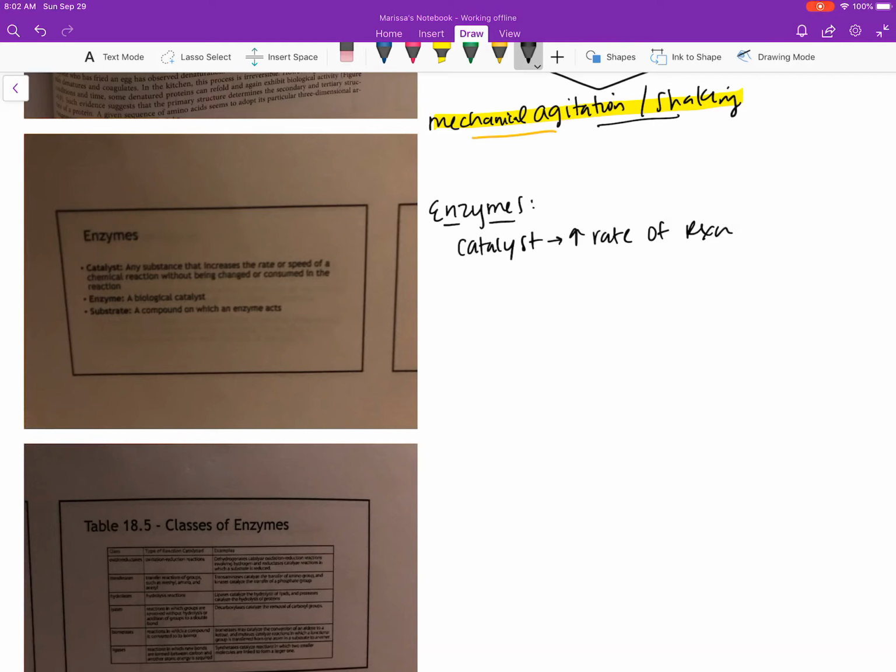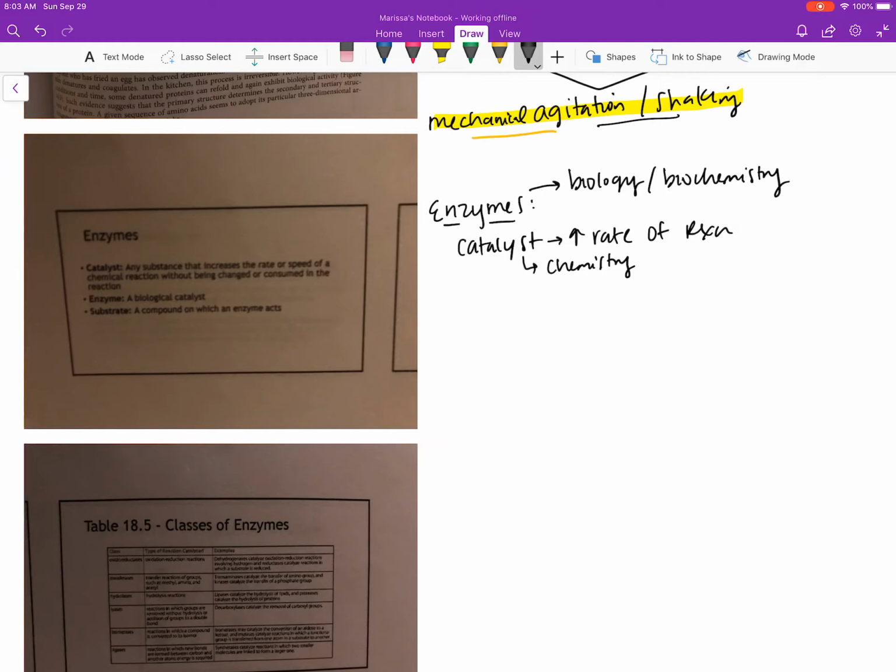Okay? So catalysts we use normally in organic chemistry, general chemistry. We tend to think of them as catalysts. However, when we look at biology and biochemistry, which is what we're in right now, we tend to call them enzymes, even though they operate with the same thing in mind, which is increasing the rate of a reaction.